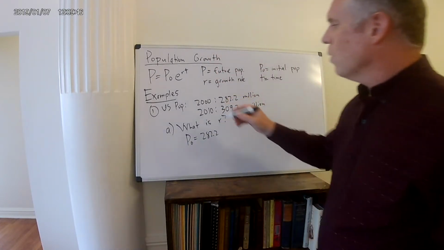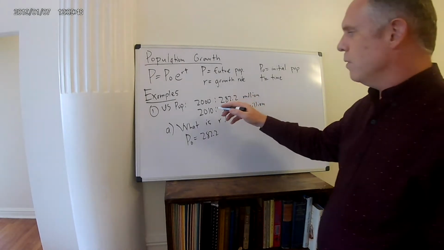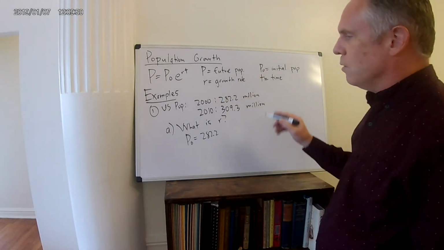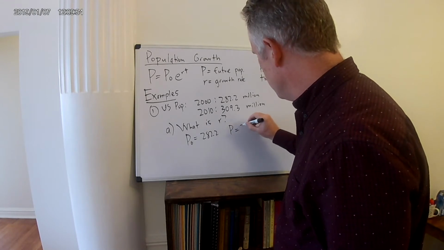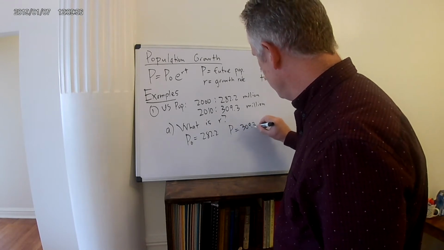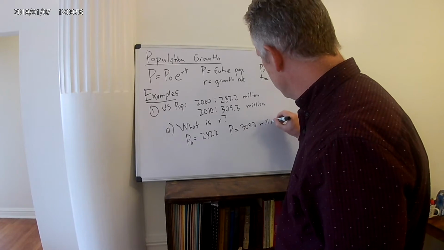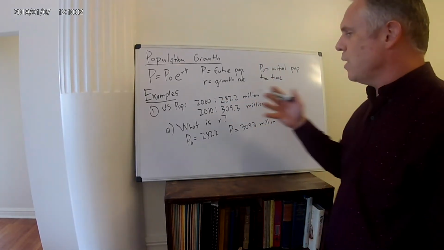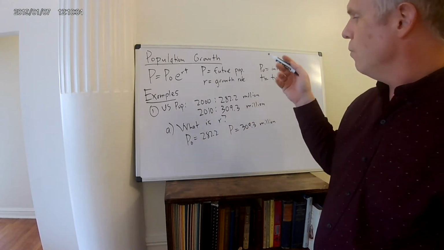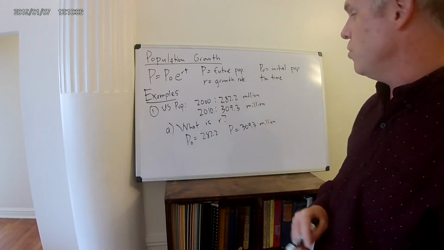We'll call the 2010 population the future population, 309.3 million. Keep in mind, 2010 is not in the future, it's in the past, but for the sake of figuring out the growth rate, we can make this our future population.